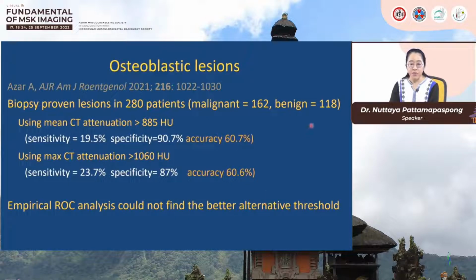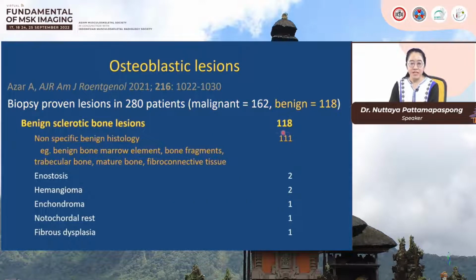And when we look at their false positive cases, which are benign lesions, the majority turned out to be non-specific benign histology, which means that there are a lot more osteoblastic lesions that are not enostosis and cannot even be named by pathological findings.